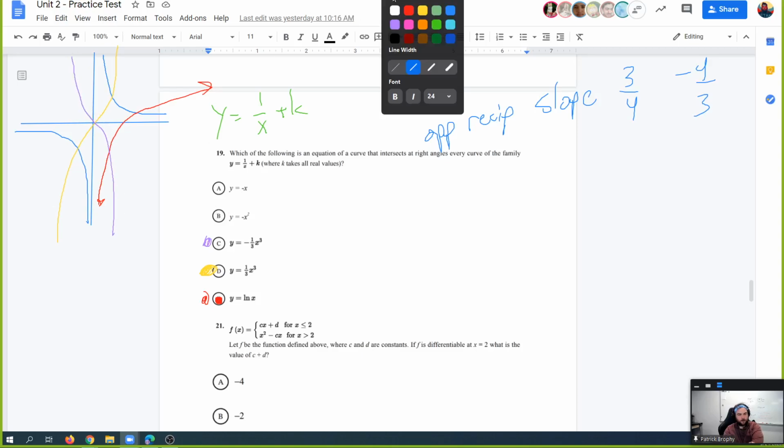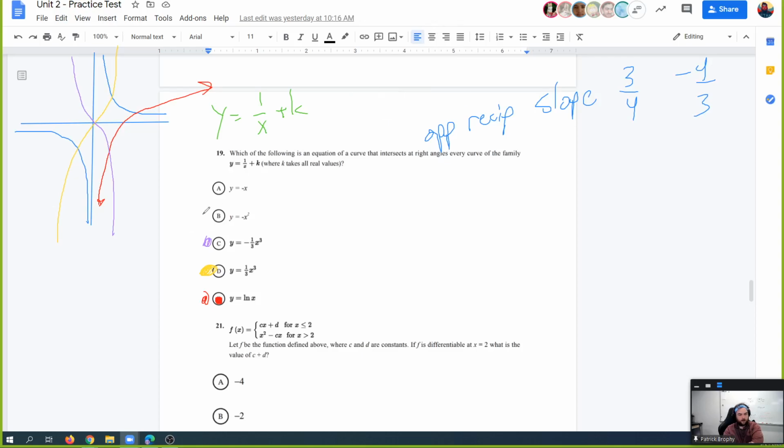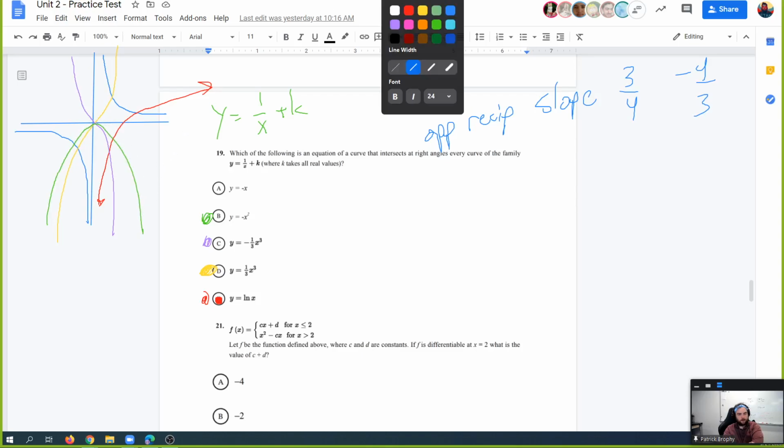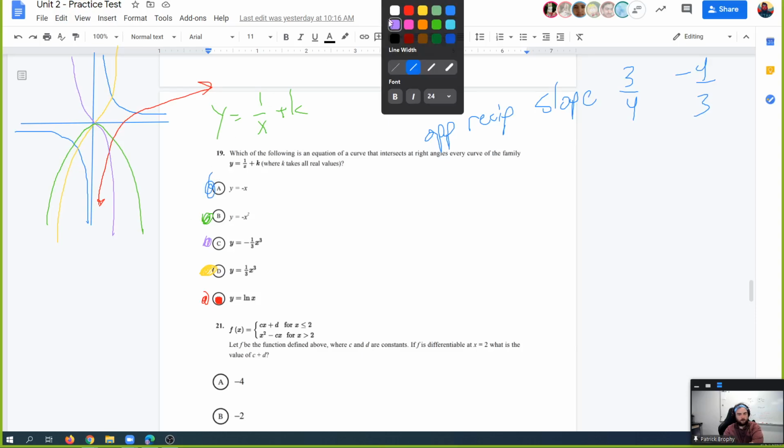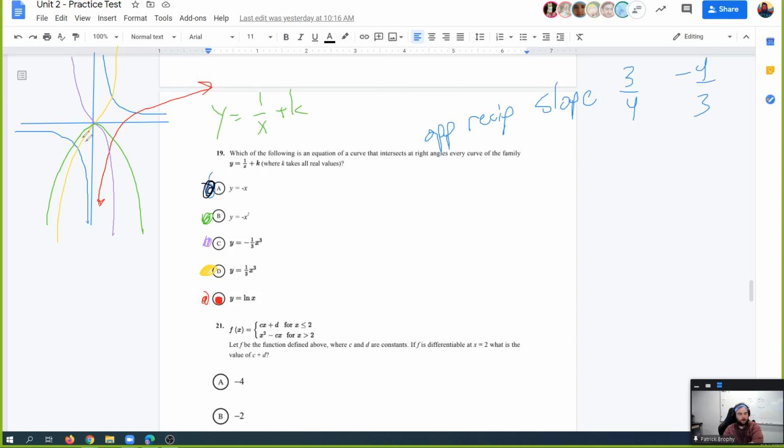If you wanted -x squared, that's just an upside down parabola. And then if you wanted the line, I'll do it in black. -x is just going to be a straight line. Like this.